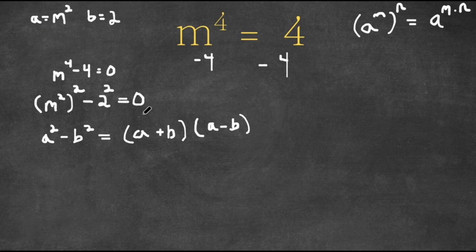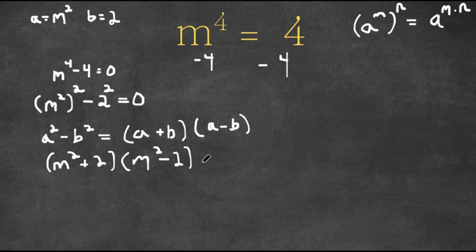So if we plug these into this form, we would get m squared plus 2 times m squared minus 2. And this is equal to 0.